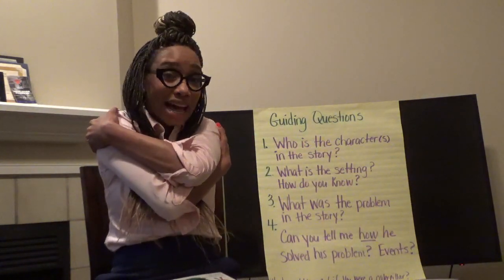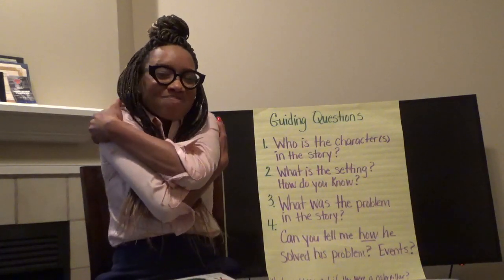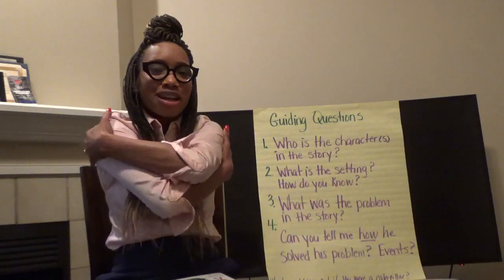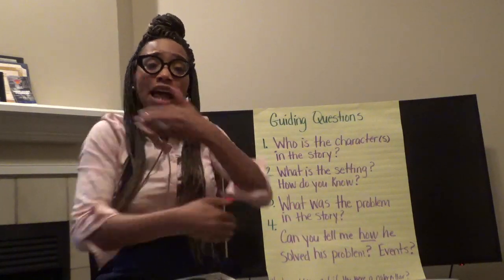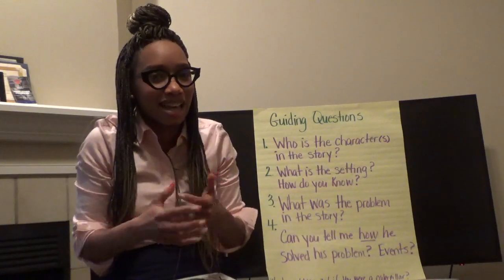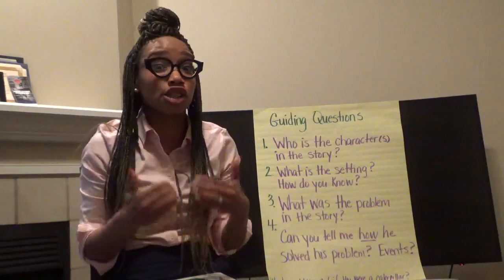Really, really tight. Like you're giving yourself a big hug. And say, I love me. All right? So the caterpillar wrapped himself up just like you just did. And he made himself nice and cozy inside of his cocoon.